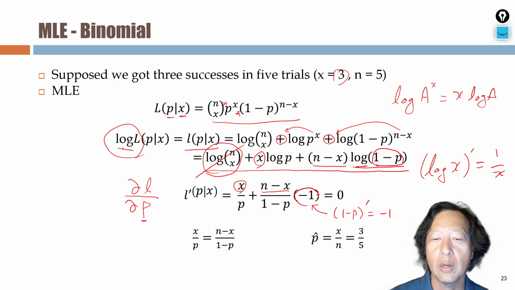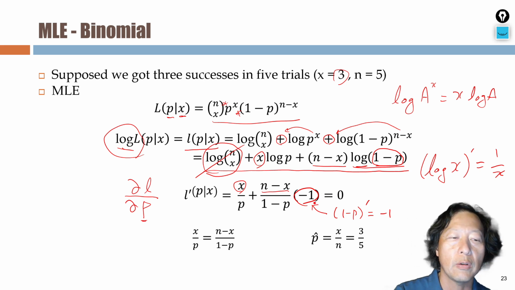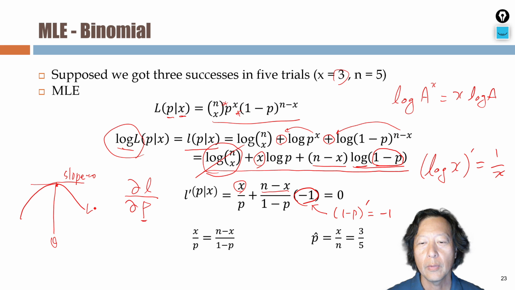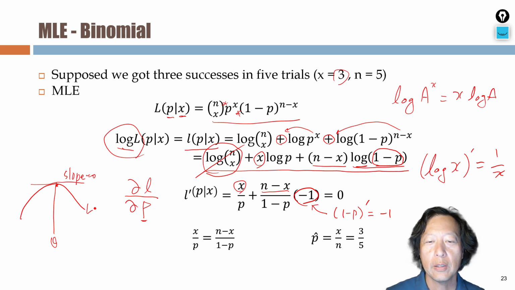So you have to multiply by this too. And then you set it to 0, because we are trying to find when the maximum happens. The slope is 0 here, and then you can find which p will maximize my likelihood function.